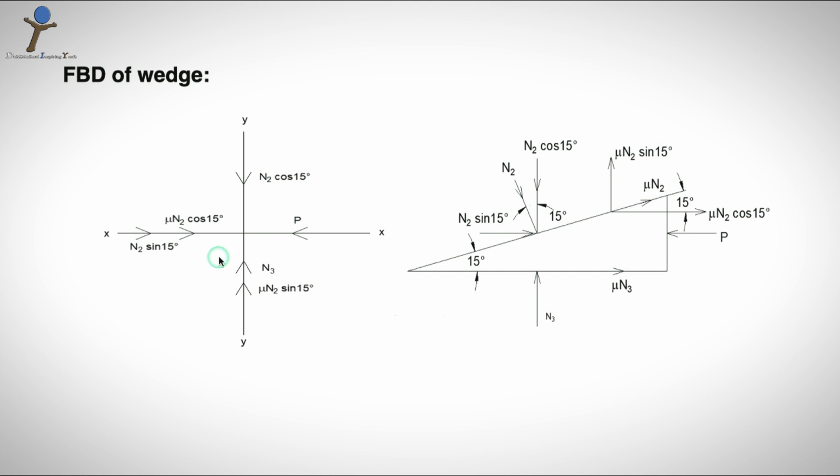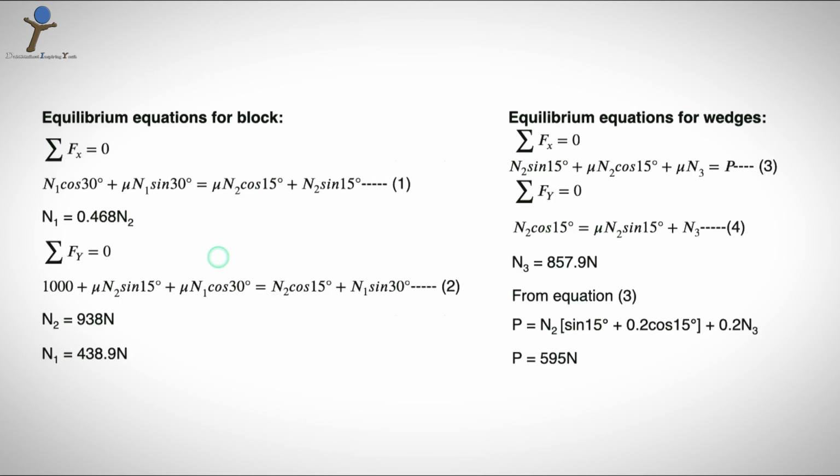So let's go back to the equilibrium equations for the wedge of sigma Fx equal to 0. So the sum of the forces in the x direction equal to 0 and the sum of the forces in the y direction also equal to 0. Solve these equations 1, 2 of the block and 3, 4 of the wedge, and then determine the value of P, which is 595 newtons.